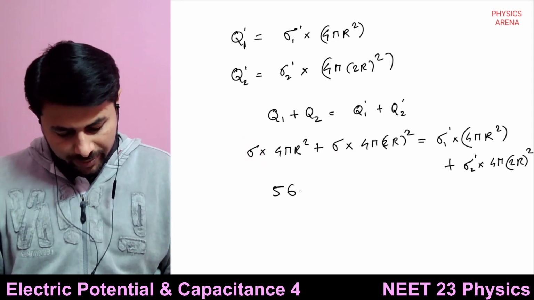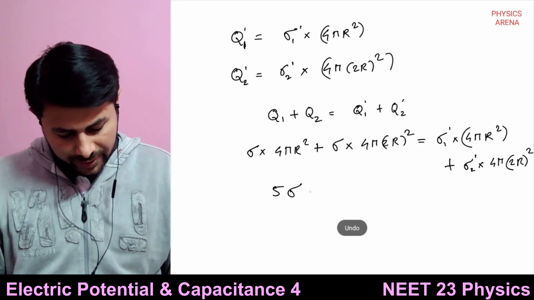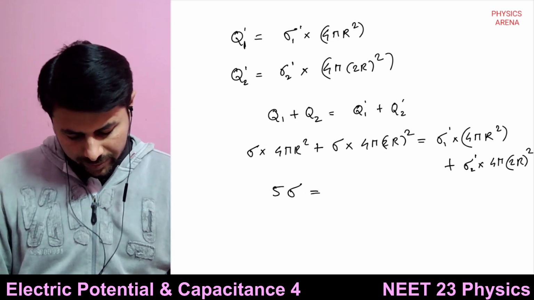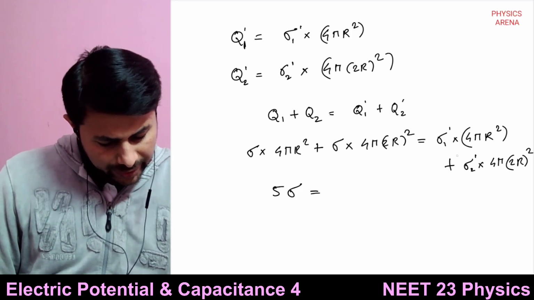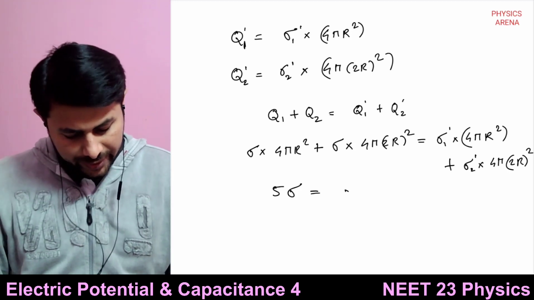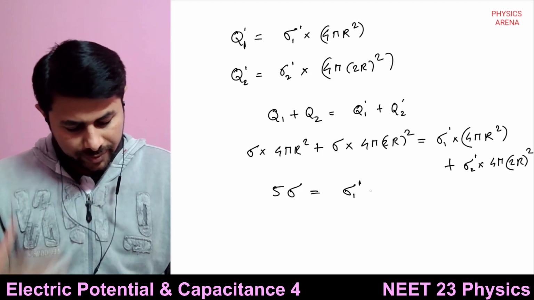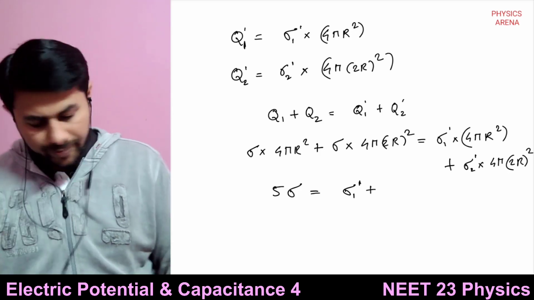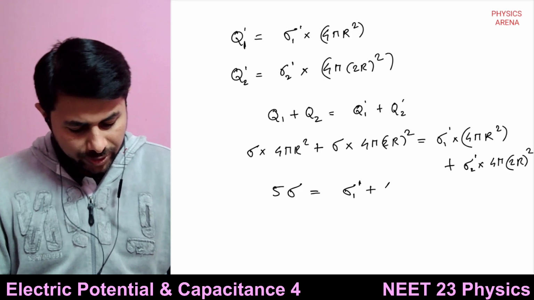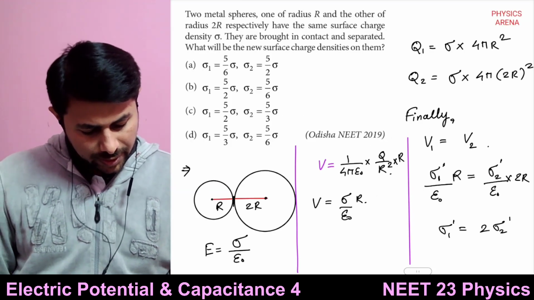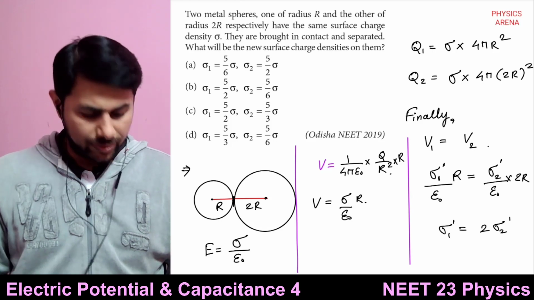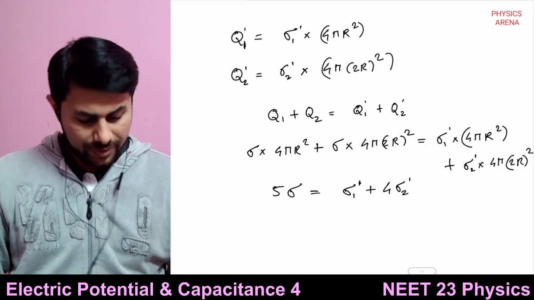Which is 5 sigma, is equal to, on the other side, sigma 1 dash plus 4 times of sigma 2 dash, okay, and sigma 1 dash is equal to 2 times of sigma 2 dash, right?